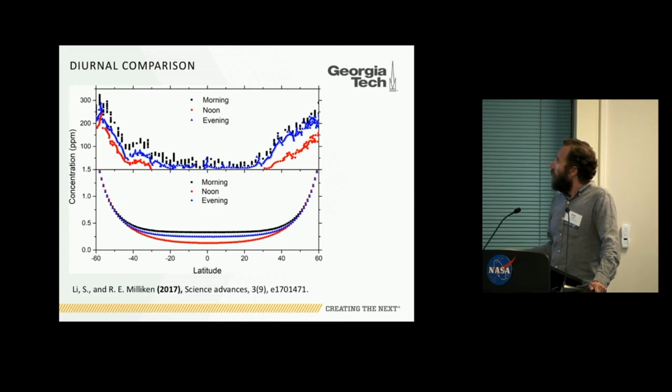Okay. So now if we just look at the comparison between observations, and this is from Shuai Li's paper, the first thing you notice is that the shape is relatively similar, and that the trend of the change is also similar. So mornings we have the highest concentrations, noons are the lowest concentration, evenings haven't really got back up to those dawn levels yet.